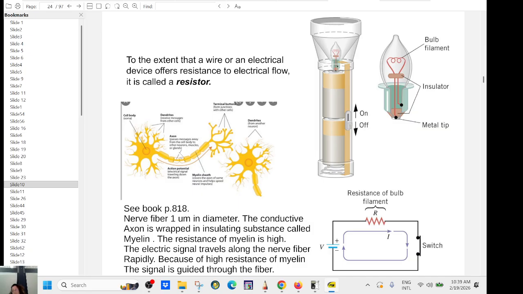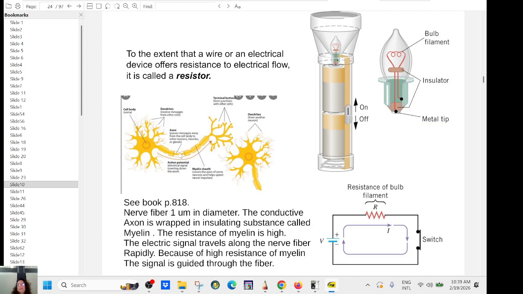Some people don't have enough myelin and the nervous system is not working well because the signal is leaking out. So it works like electricity. And guess what? That myelin is made of fat. It's made of cholesterol, animal fat. So we need fat for the system to work nicely, smoothly.